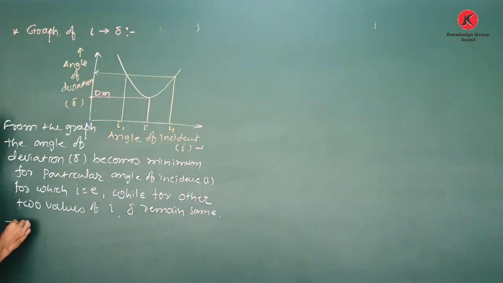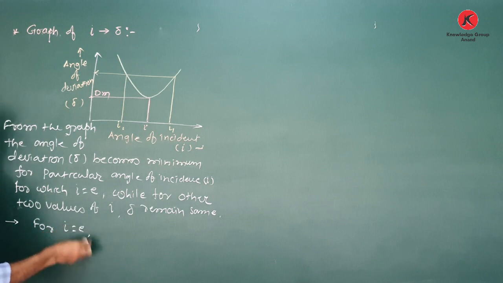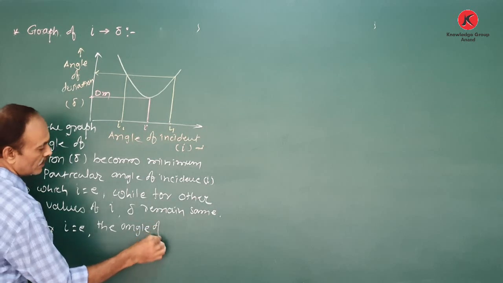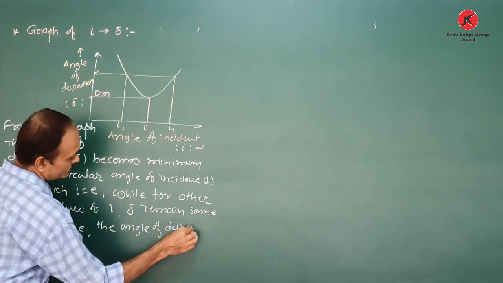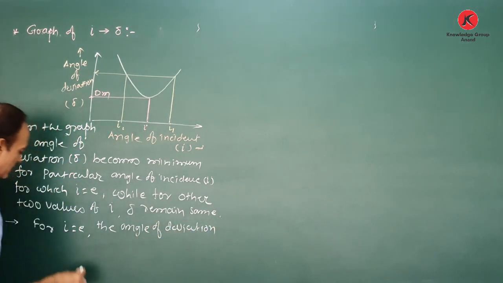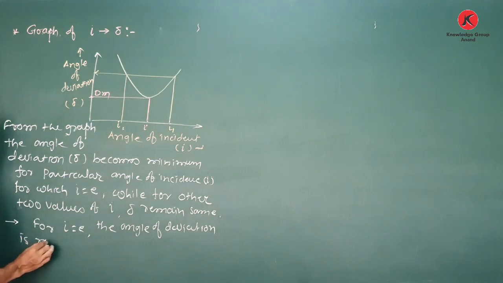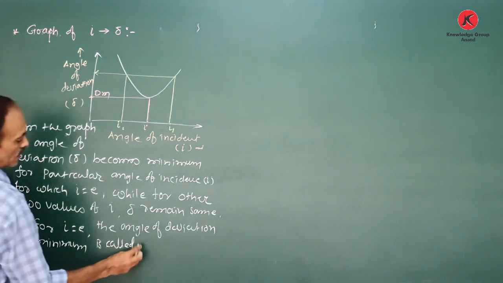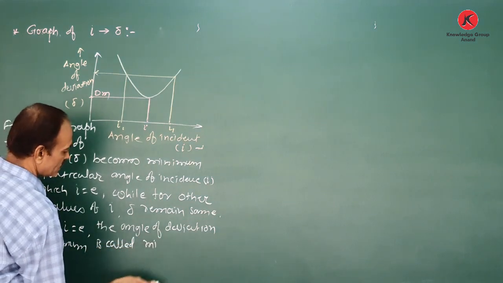Now, for i equal to e, the angle of deviation is minimum and is called the minimum deviation angle.